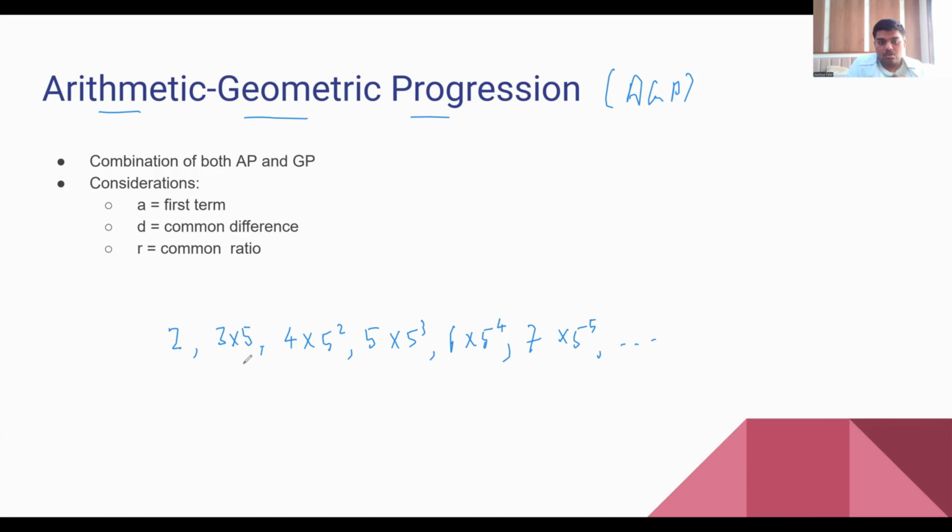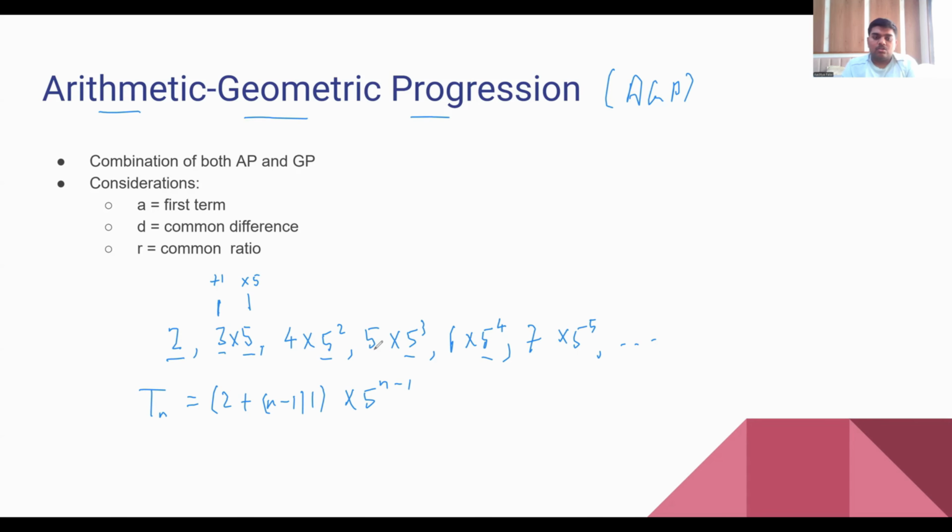So can you spot something? Here we have an AP as well as a GP in multiplication. If you have to denote the nth term, in every term the first half is increased by 1 and the second half is multiplied by 5. So you can say that here the nth term will be 2 plus n minus 1 into 1 into 5 to the power n minus 1.